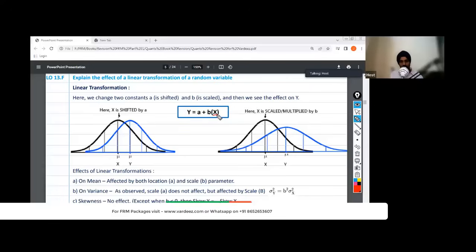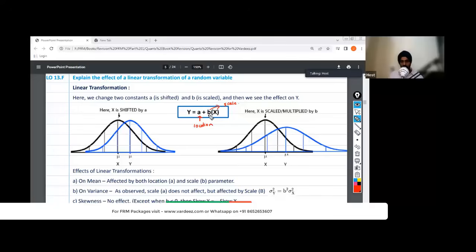You have an x variable and a y variable, you make some changes to the x variable and you try to see the effect on y. That's what linear transformation means. Now this a is known as the location parameter and this b is known as the scale parameter.